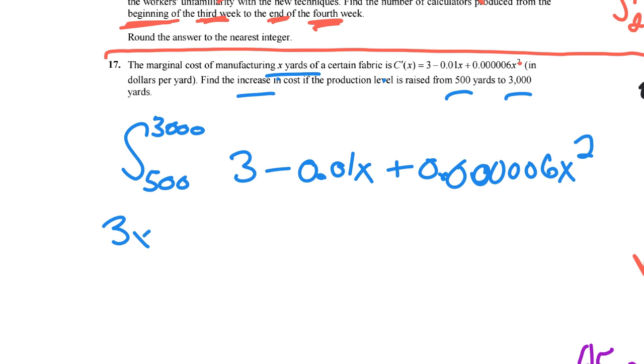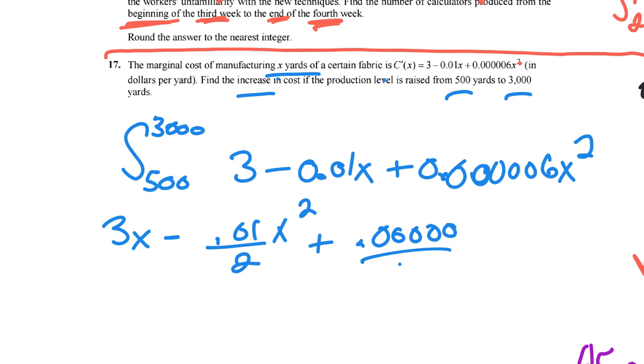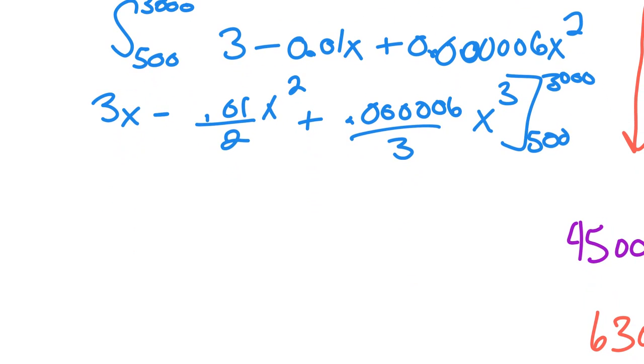So this is 3x minus 0.01x squared divided by 2 plus 0.12345 x cubed over 3, and then from 500 to 3,000. Don't need the C on this one because it just subtracts back off.